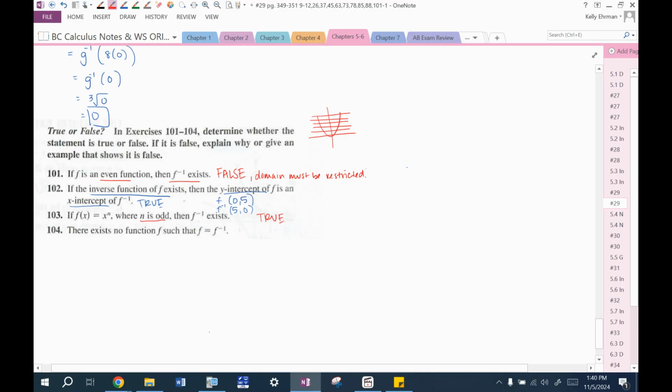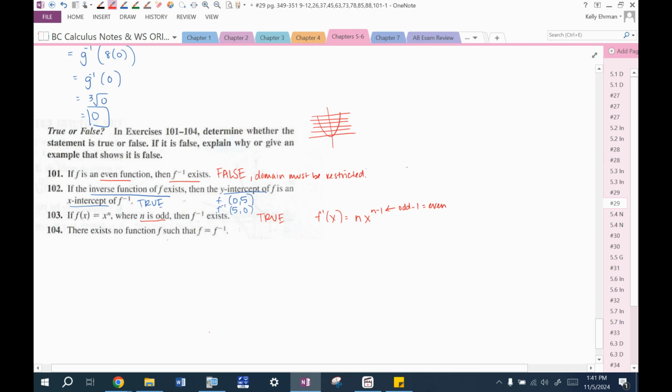And I can kind of prove that one. If you think about it, f prime of x would be n times x to the n minus 1. And remember, n is guaranteed to be odd. So an odd minus 1 will always be even. So if n is positive, then you're going to get a positive times an x to an even, so that'll always be positive.